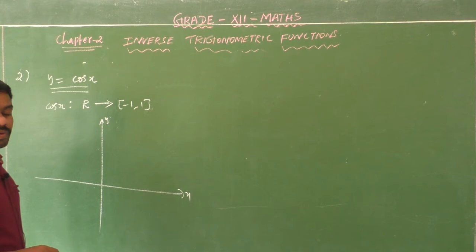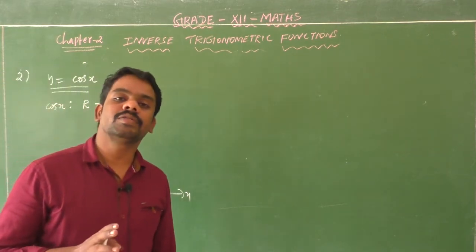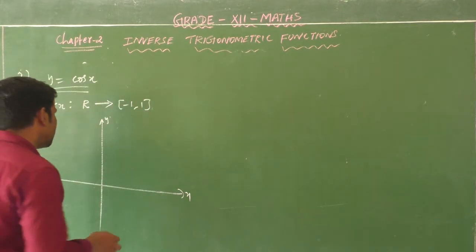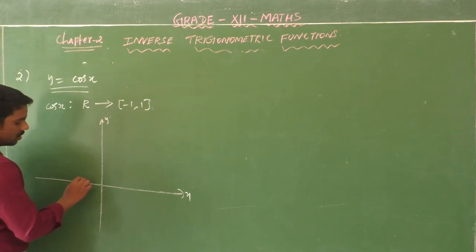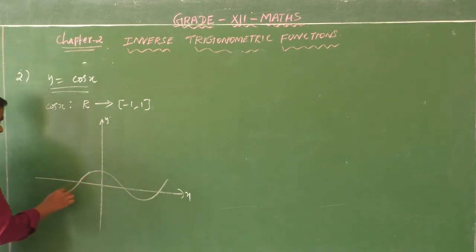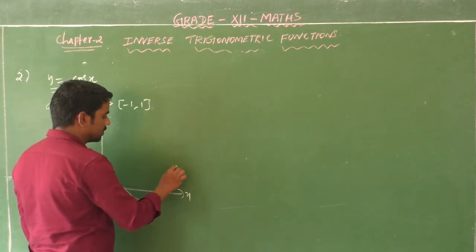So cos 0 is 1 and cos pi by 2 is 0. You know cos pi by 2 and cos 3 pi by 2 are odd multiples of pi by 2, so the cos value is 0. Now this is the cos x curve, y equal to cos x.